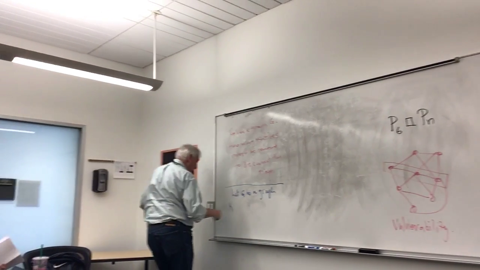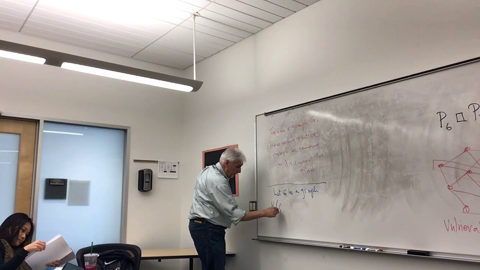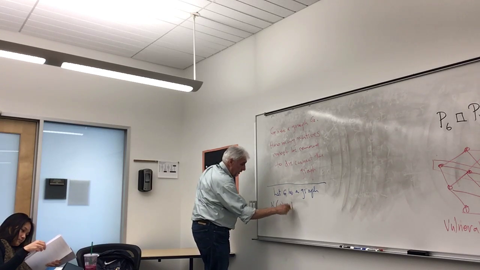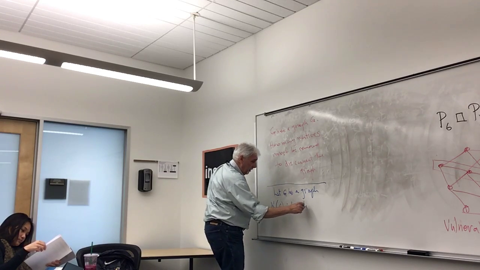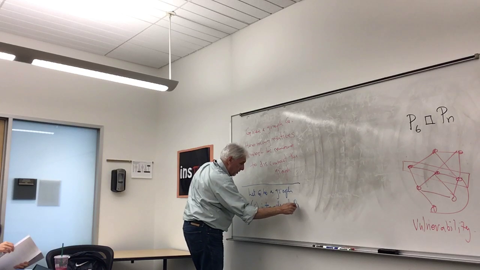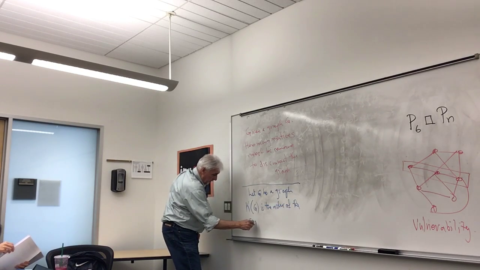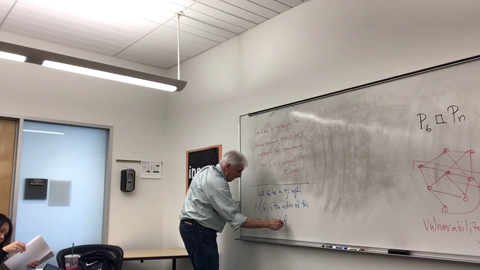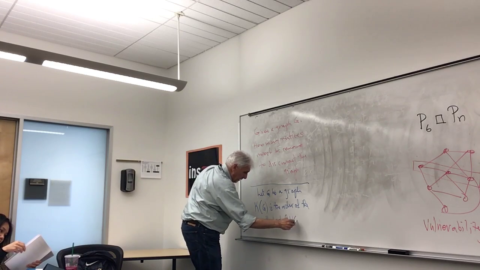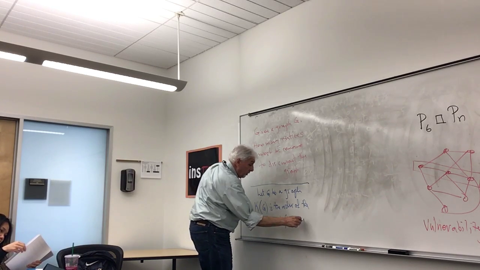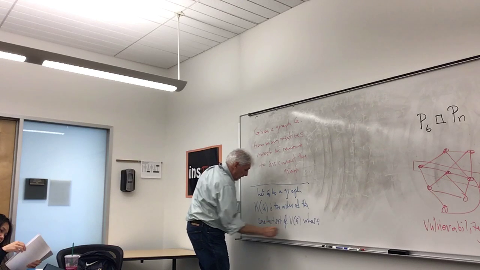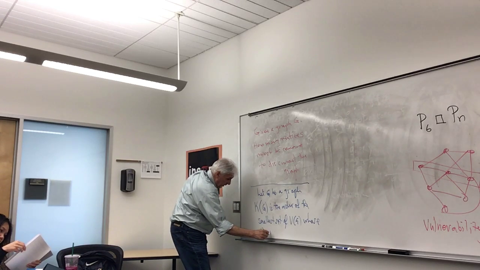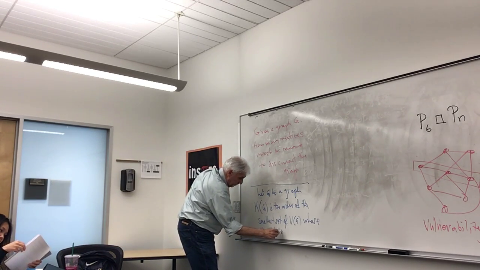Okay, good. So the connectivity, kappa of G, is the order of the smallest subset of V of G whose removal disconnects the graph.